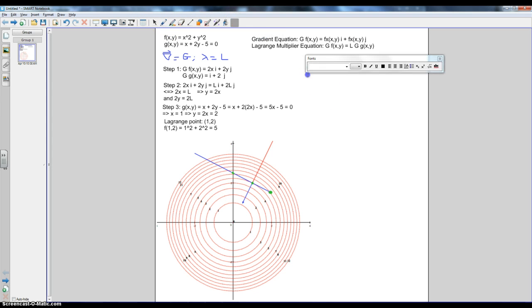If x equals 0, using the constraint function we have 0 plus 2y minus 5 equals 0, so y equals 5 over 2 equals 2.5, and f(0, 2.5) equals 0 squared plus 2.5 squared equals 6.25, larger than 5.